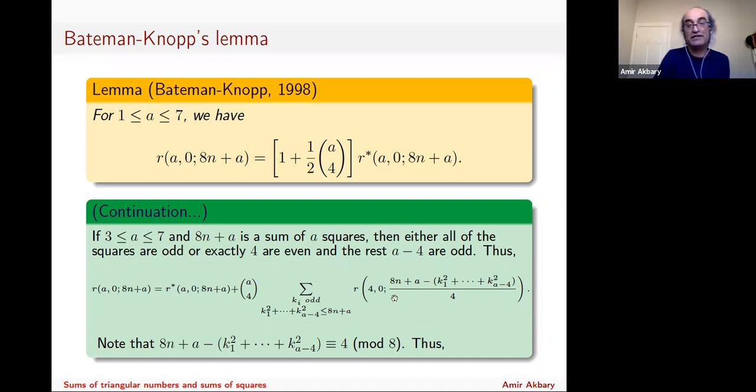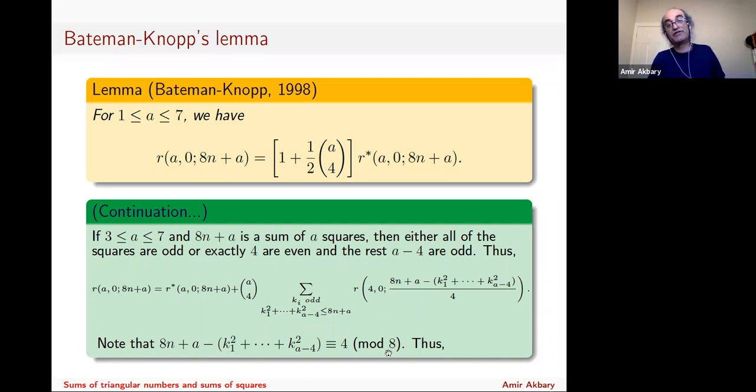The main observation that we are going to have here, again, for the congruence observation, is that 8n plus a minus k1 squared plus up to k_{a-4} squared is, mod 8, congruent to 4. So this number is in the form of 8 times L plus 4. When I divide it by 4, I get an odd number. So therefore, this is going to be R4 of something odd.